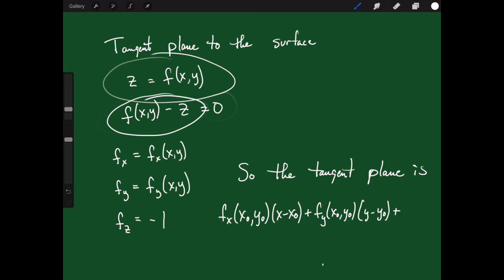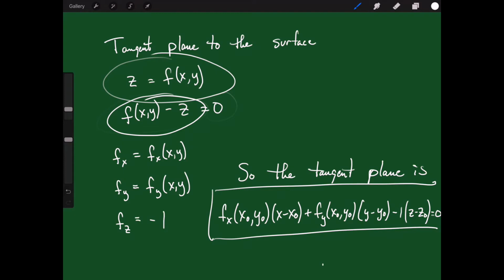It's -1. So instead of putting a plus right here, let's change that to a -1 times z minus z0, and that's all equal to 0. So now we have this nice formula.